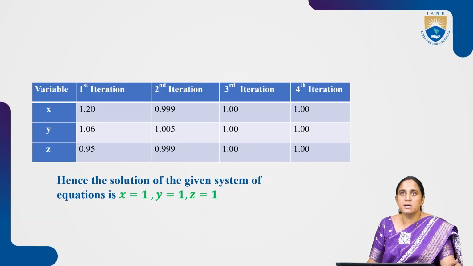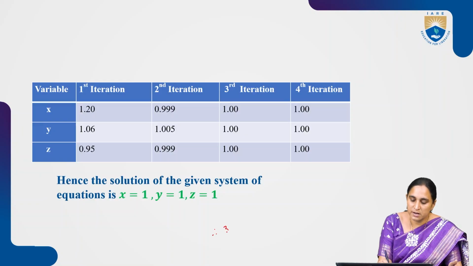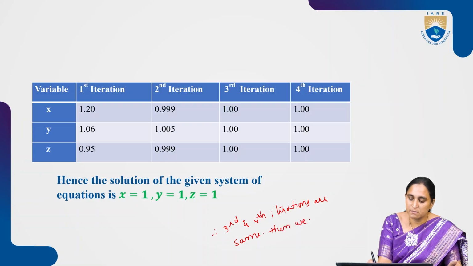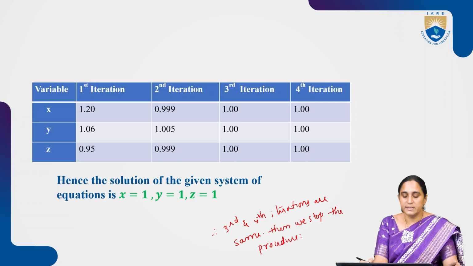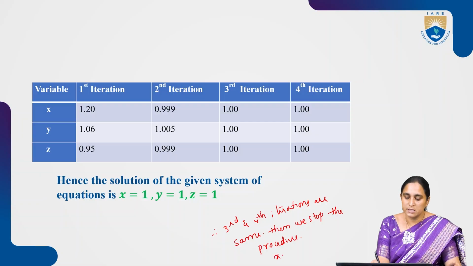Observe that the third and fourth iterations are the same. Then we stop the procedure. We get the unknown values of the linear system of equations: x is equal to 1, y is equal to 1 and z is equal to 1.